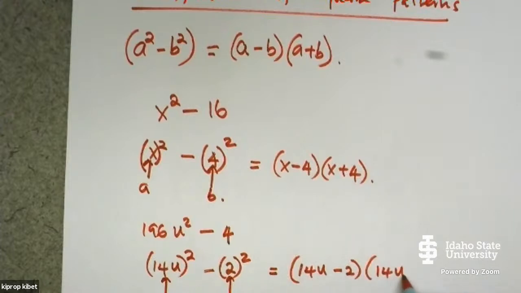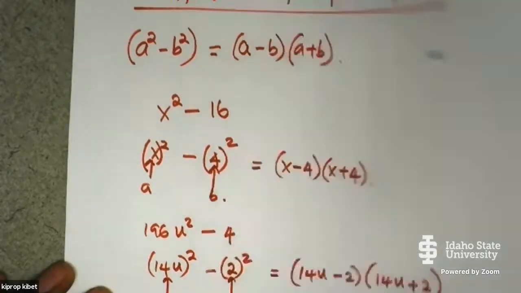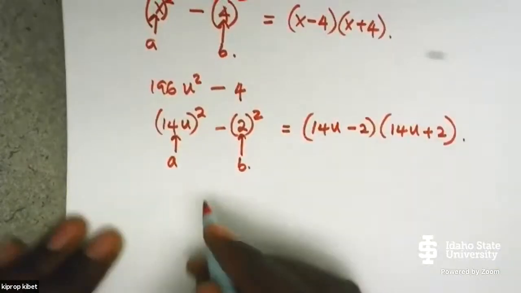You can also do it the other way: factor out 4 first.